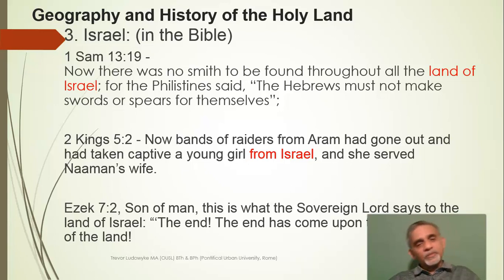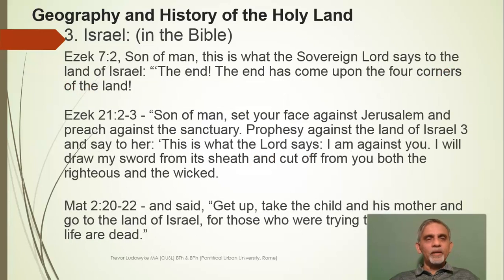In Ezekiel chapter 7 verse 2, Son of man, this is what the sovereign Lord says to the land of Israel, referring to the Holy Land. The end has come upon the four corners of the land. So that's the warning by God through the prophet Ezekiel to the people of Israel who were very disobedient and unfaithful to God.